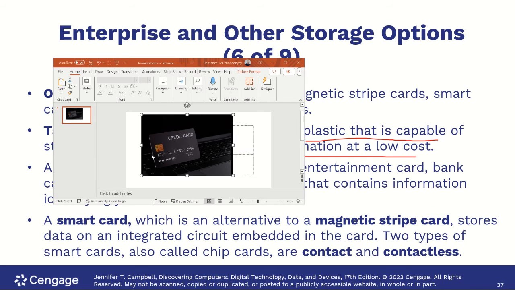A contactless credit card is something like this. You can have a chip enabled there. This can be contact or contactless, depending on how the system is architected. Sometimes you can have it working like a contactless chip.